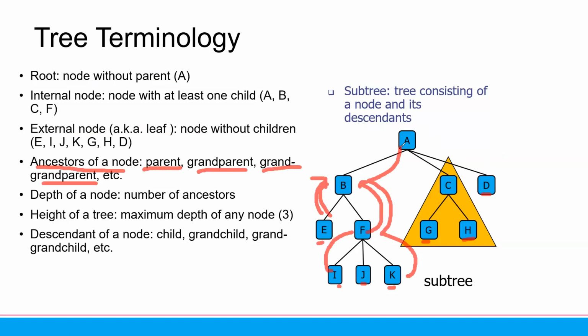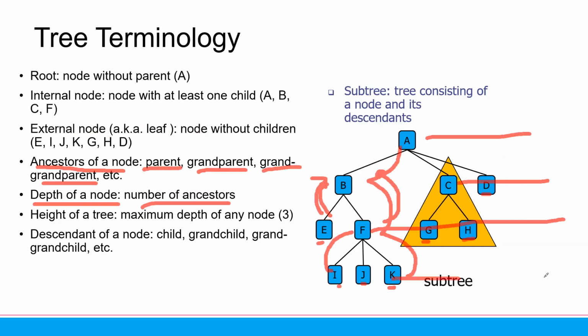We have the depth of a node. The depth of a node means the number of ancestors. So if we have 1, 2, 3, 4, then the depth is 3.